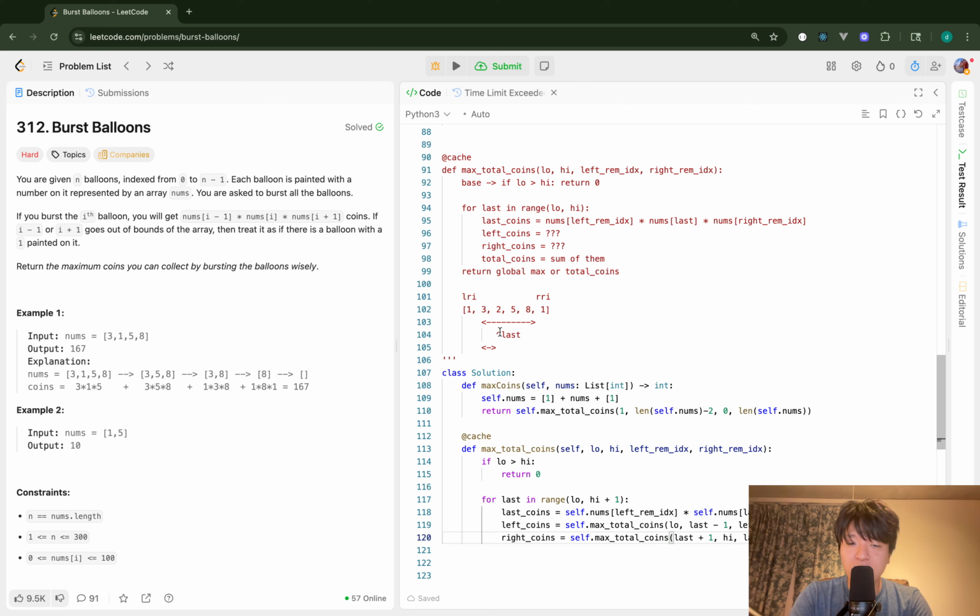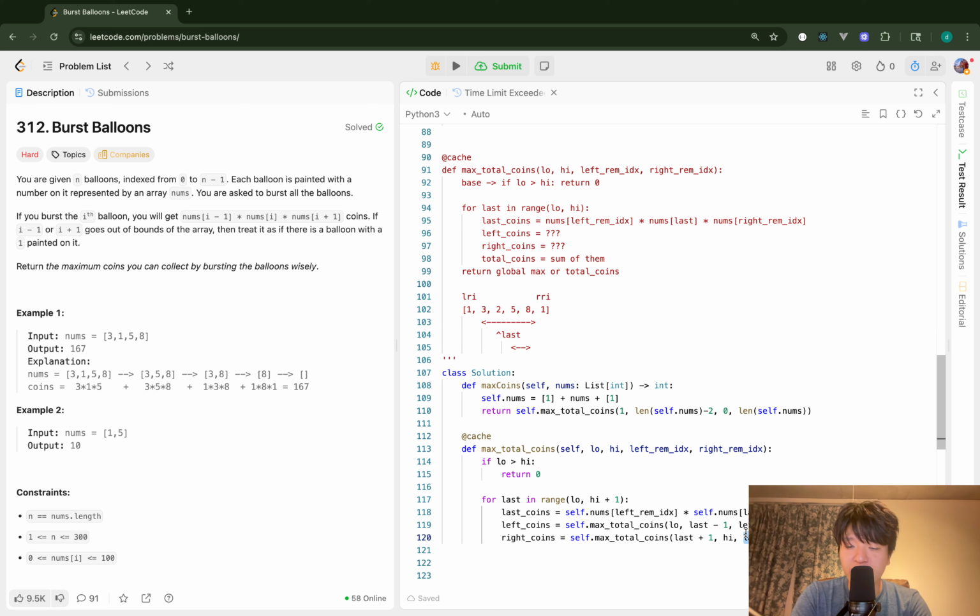Like this. So I will quickly say, when I think of this range, the index of the balloon which is still remaining on the left-hand side of this range and closest to this range is obviously this last index I chose.